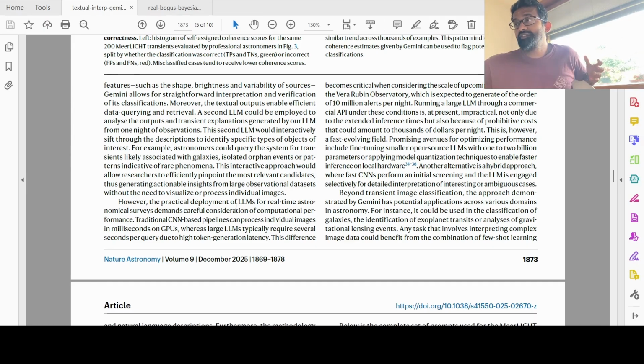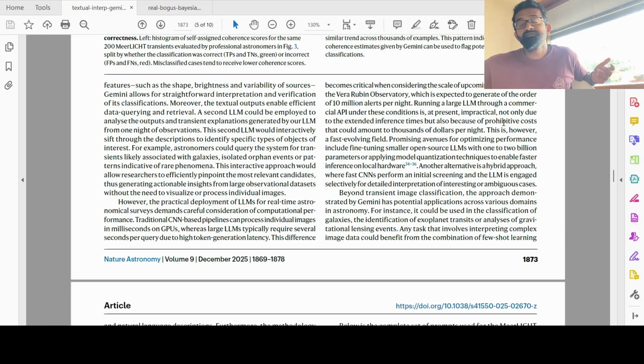However, the practical deployment of LLMs for real-time astronomical surveys demands careful consideration of computational performance. Traditional CNN-based pipelines can process individual images in milliseconds on GPUs. Yeah, it would be impossible with big LLMs like this.